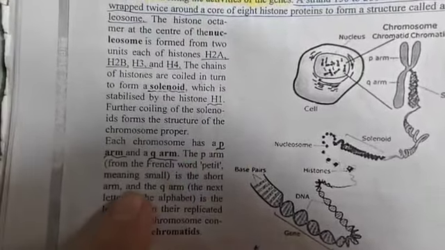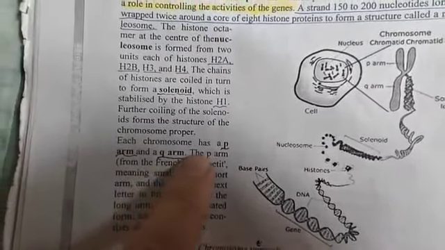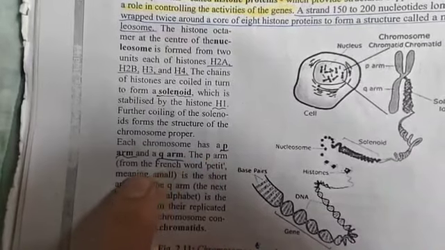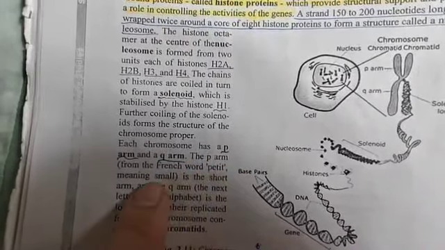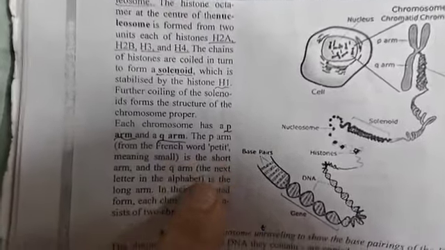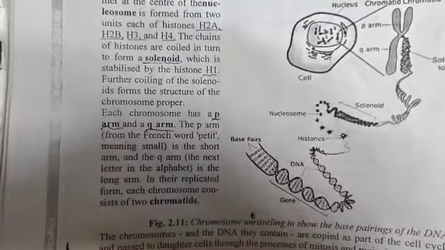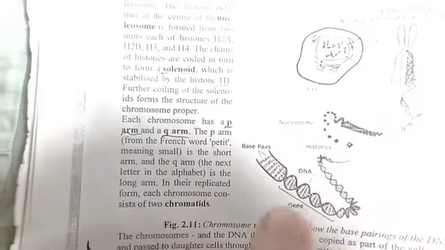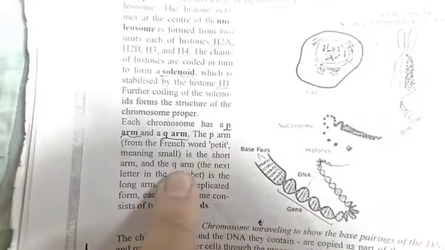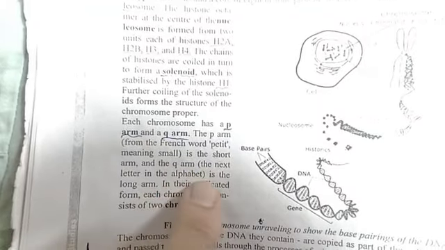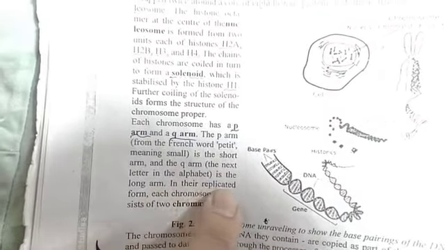Each chromosome has a P arm and a Q arm. The P arm, from the French word petit meaning small, is the short arm, and the Q arm, the next letter in the alphabet, is the long arm.